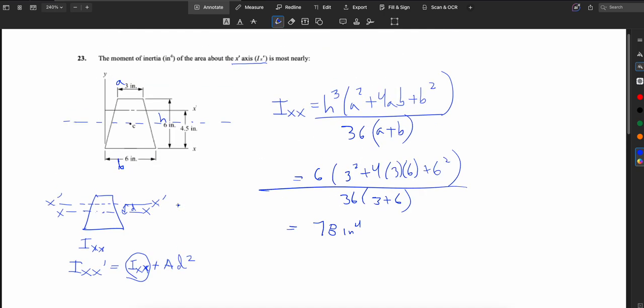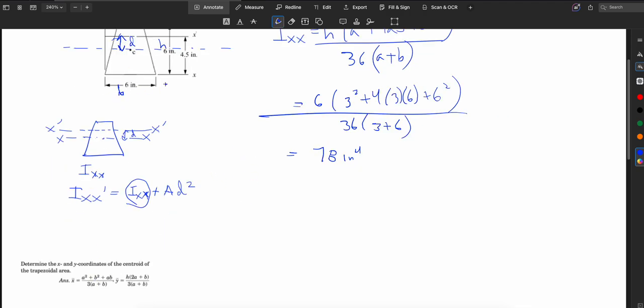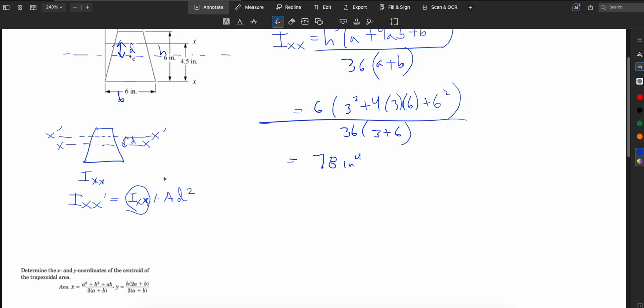Now we need this d, the distance from the C to x prime. The d is going to be found from y bar, the centroid of the trapezoidal area. Y bar is measured from the bottom, so the distance from here to the centroid is y bar.